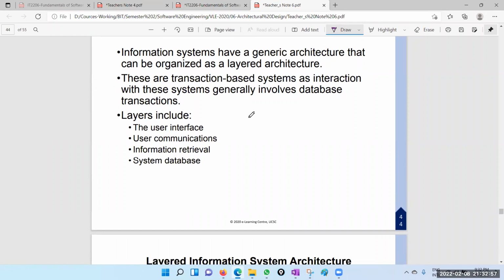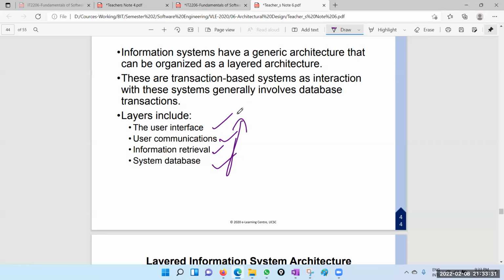So I explained the separation of concerns: user interface design, system database design, the application communications, integrations. I explained that earlier. So we can look at those concerns separately: user interfaces, enterprise application integrations, database, retrieval of data.